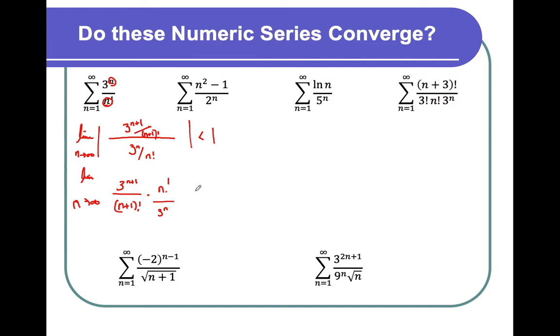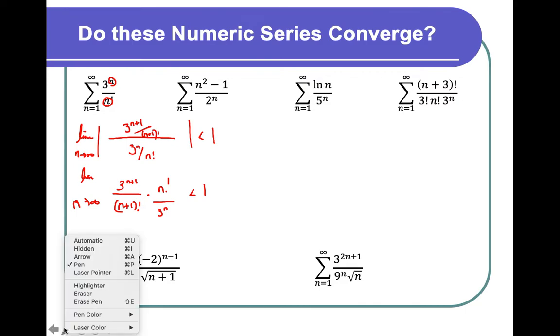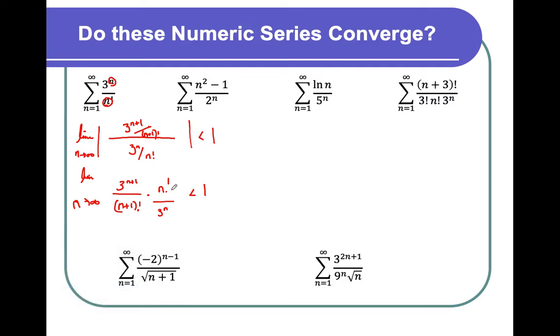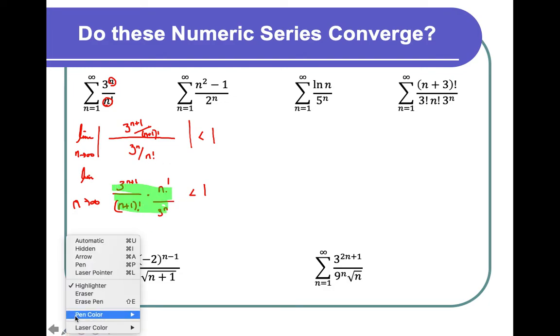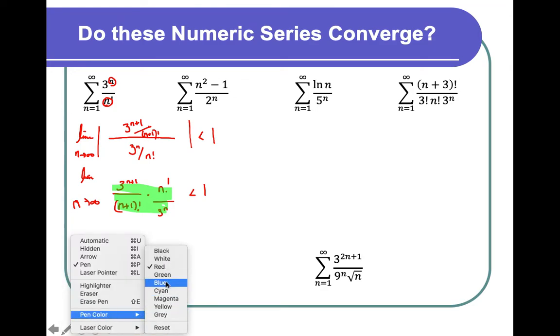And I need this to be less than 1. So now I'm going to take this piece and do algebra on all of this. I'm going to do algebra, then I'll take the limit, and then I'll see if it's less than 1. So let me go off into my workspace.